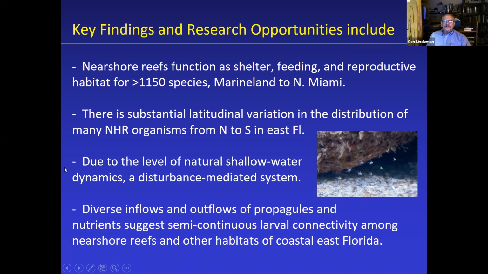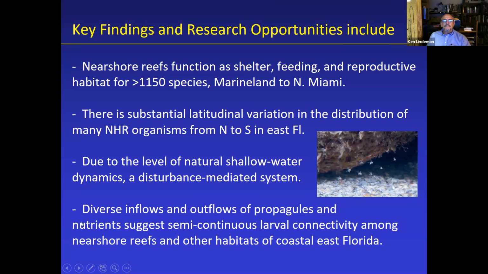Due to the levels of natural shallow water dynamics, this is technically considered to be a disturbance-mediated system. The organisms are adapted for a highly dynamic physical system. There are diverse inflows and outflows of propagules and nutrients, which suggest the possibility of semi-continuous larval connectivity among these reefs and other habitats in the system.